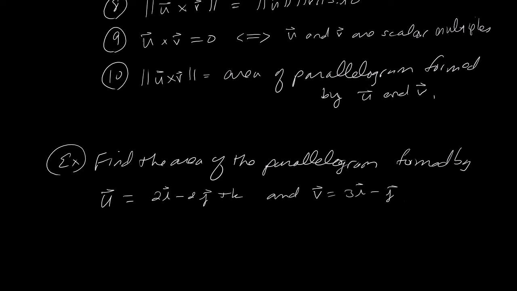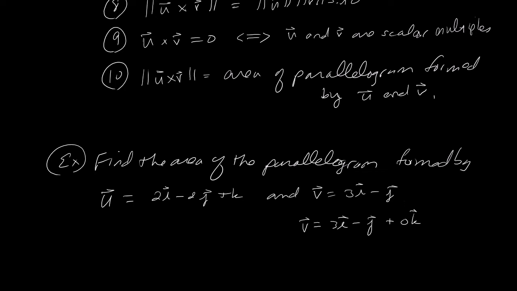All right, no problem. Except there's a problem, right? Because we said that we can only do this for three-dimensional vectors. So we're going to have to write v as a three-dimensional vector. Just because it lies in the xy plane does not mean it's not a three-dimensional vector. We just have to think of it in space. So we're going to think of v as 3i minus j plus 0k, right? So it is a three-dimensional vector.